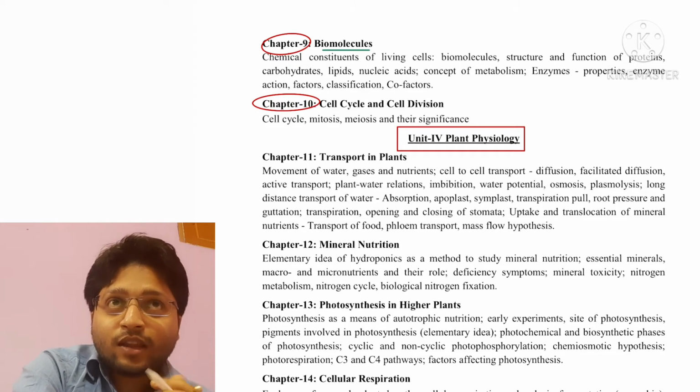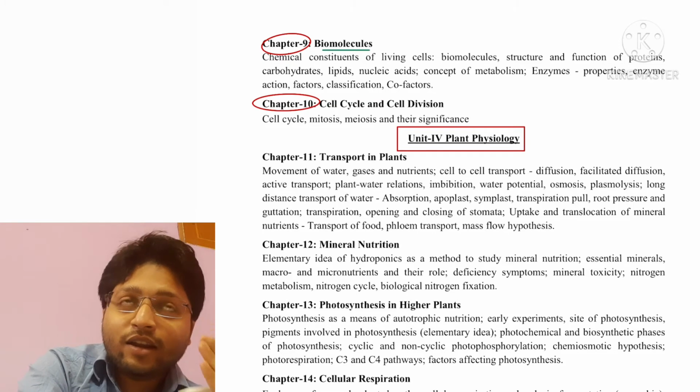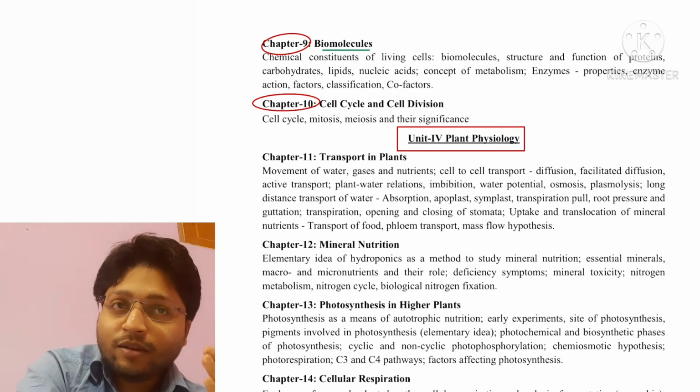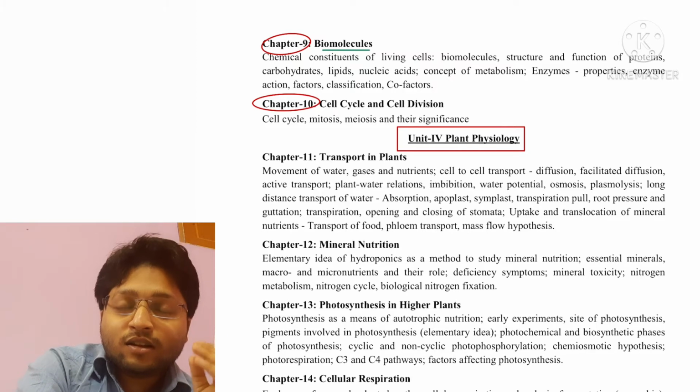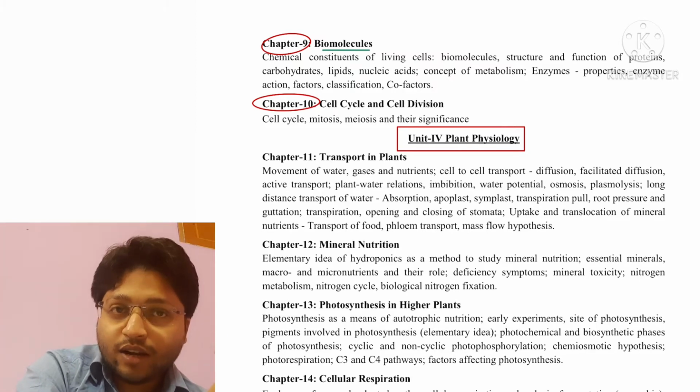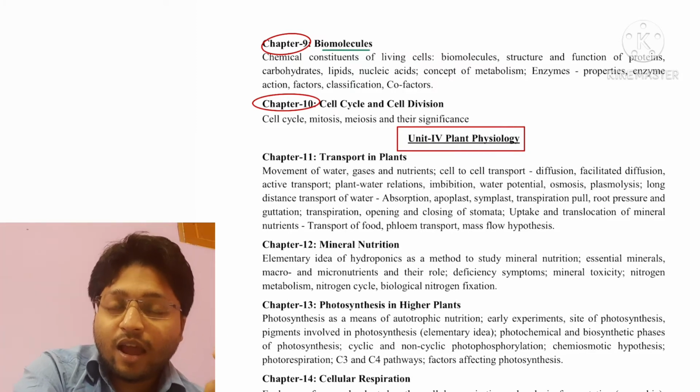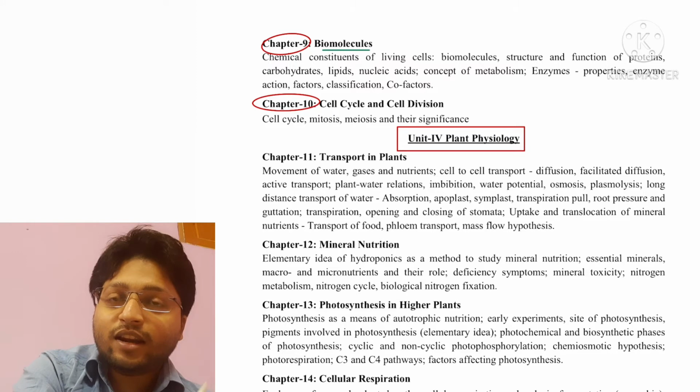That means a cell or any living body is made of 5 macromolecules. Actually 4 macromolecules and enzymes. The carbohydrate, protein, lipid and nucleic acid. These 4 macromolecules are the building blocks of any living system.